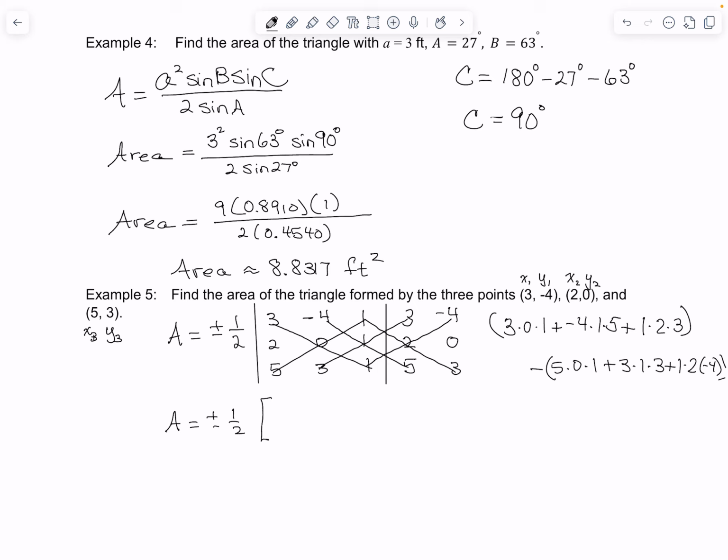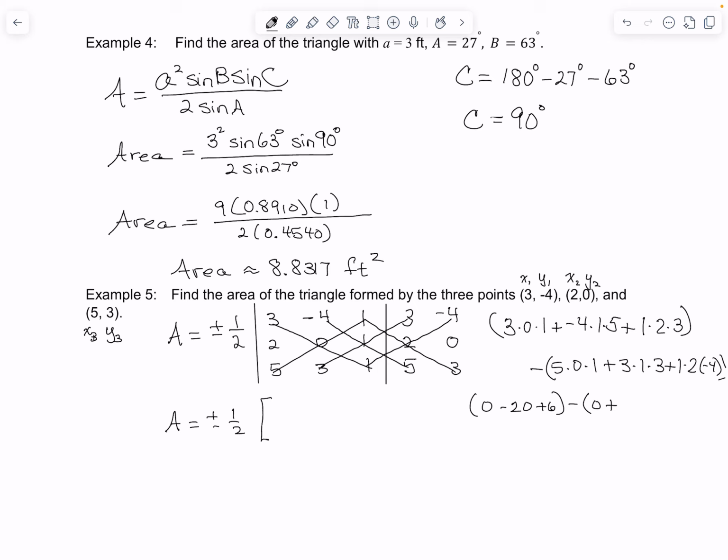So we're going to simplify inside both sets of parentheses and then carry out our subtraction. So we have 3 times 0 times 1 is 0. And then -4 times 1 times 5 is a -20. And then plus 1 times 2 times 3 is plus a 6. And then minus 5 times 0 times 1 is 0.